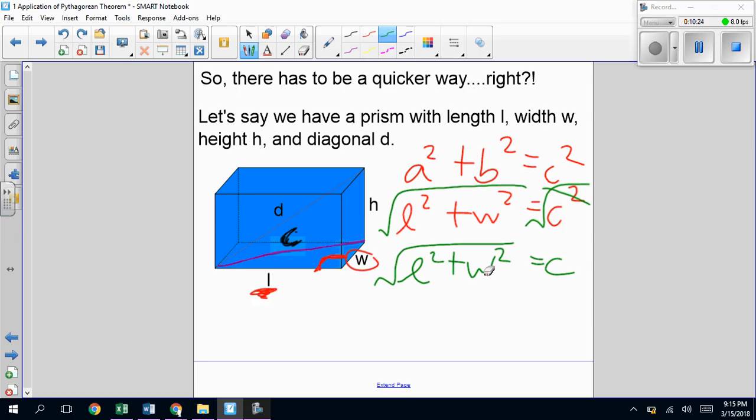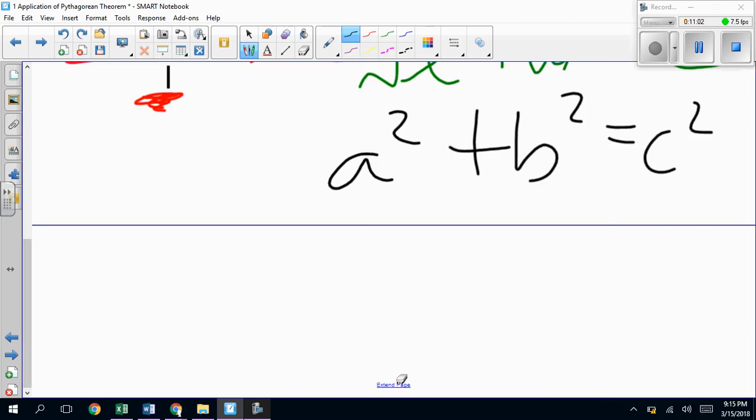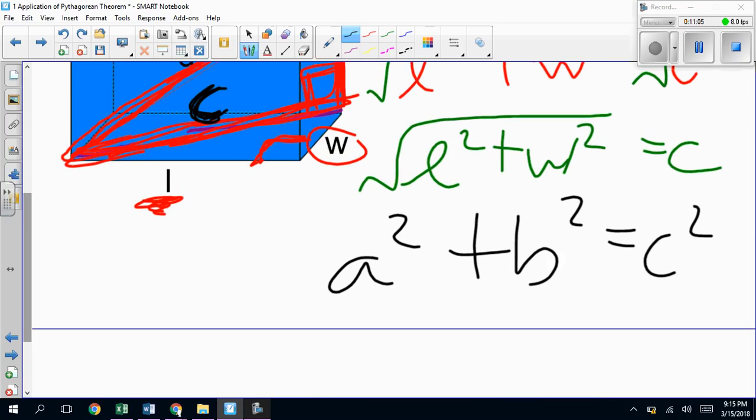So now I'm going to focus on finding the space diagonal here. There's my right angle. Now, C is one of my legs, right? So if I have a squared plus b squared equals c squared, C is one of my legs.